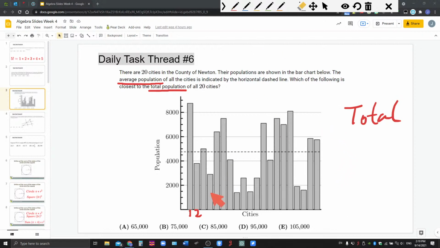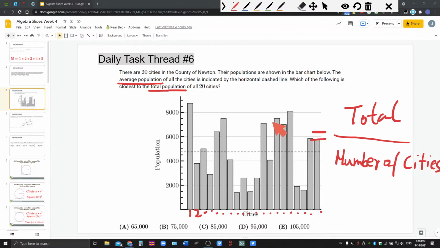Now, how do we get the average? The average will be the total divided by the number of the items, or here in this case, divide by the number of cities. Okay, that's the average.